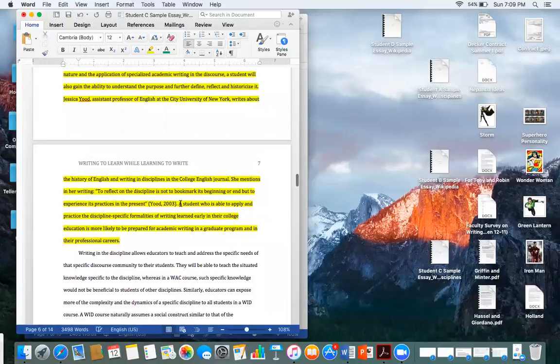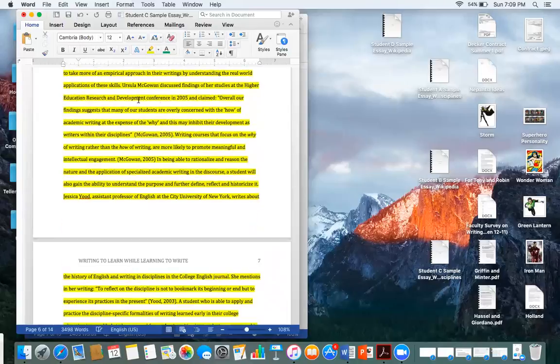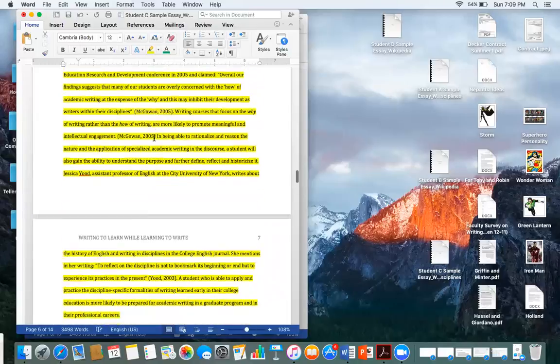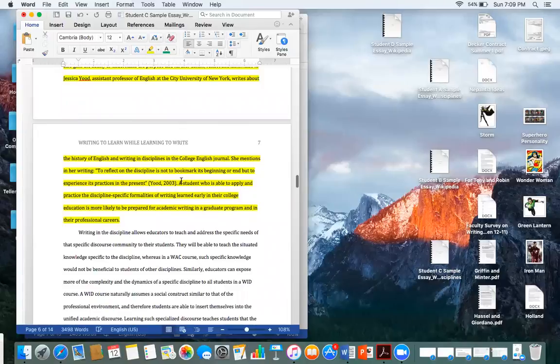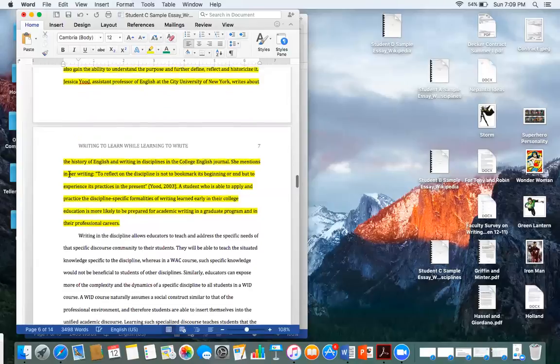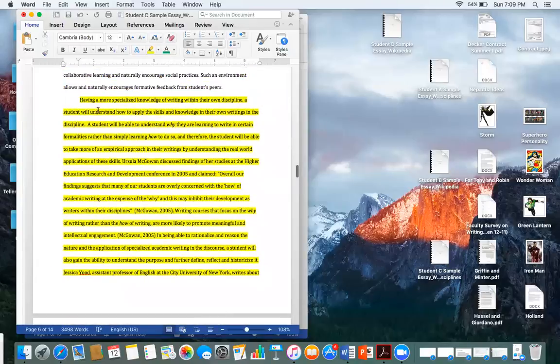And then the student ends, after synthesizing, bringing together what McGowan has said and what Yude has said, the student comes to suggest that a student who is able to apply and practice discipline-specific formalities of writing learned early in college is going to be prepared better for academic writing as well as professional writing, okay? So we see how the student made a suggestion of an idea, this idea that specialized knowledge within a discipline is better than not having that specialized knowledge.